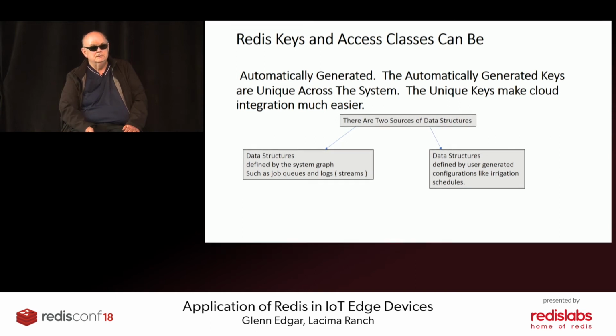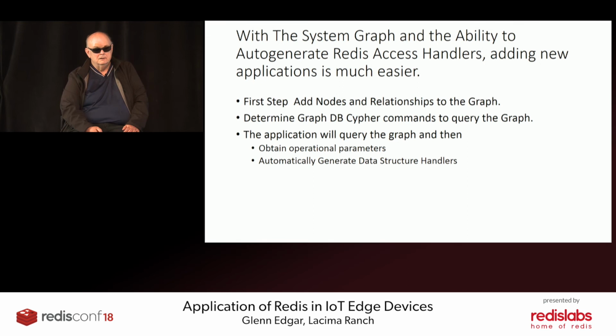And there's essentially two types of data structures. One is data structures defined by the system graph, and the other is data structures that are defined by user-generated configurations, like irrigation schedules. And what I can do is essentially generate those handlers automatically, and I can generate the keys automatically.